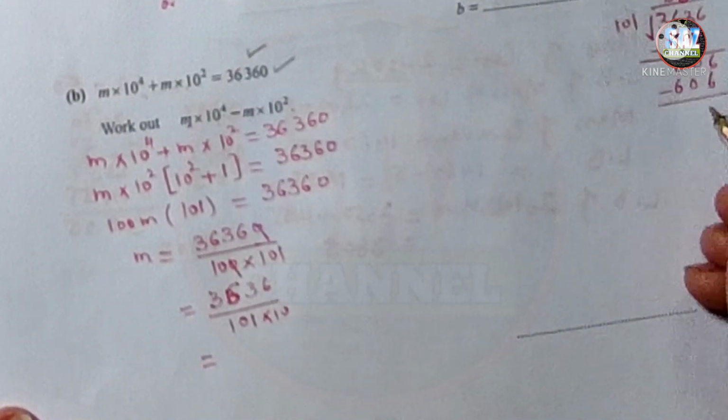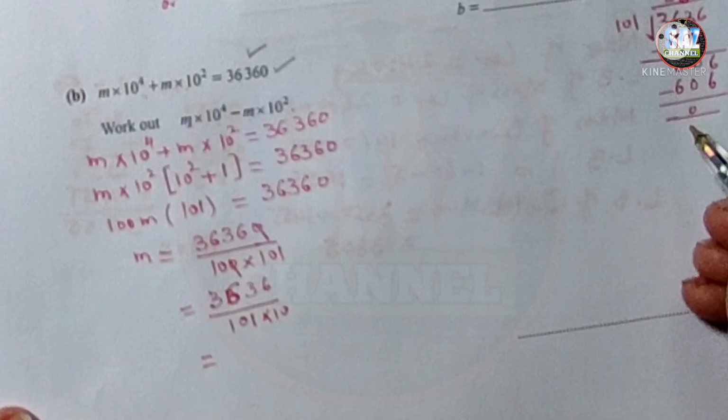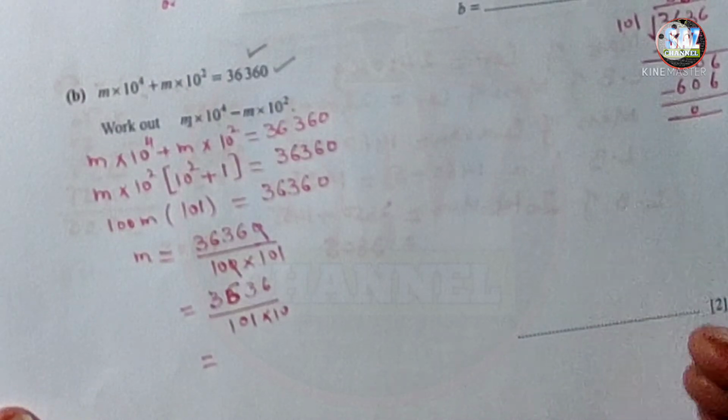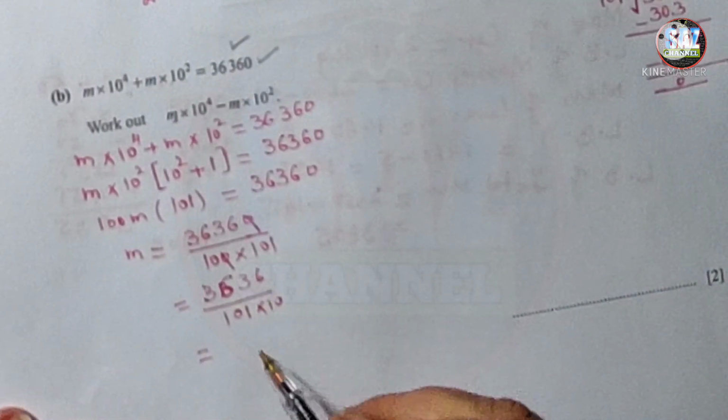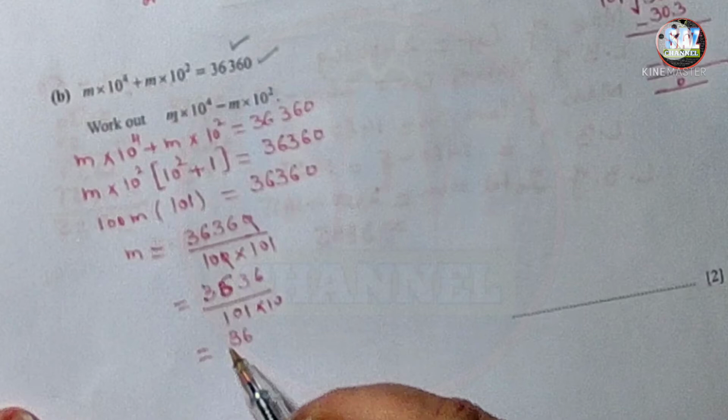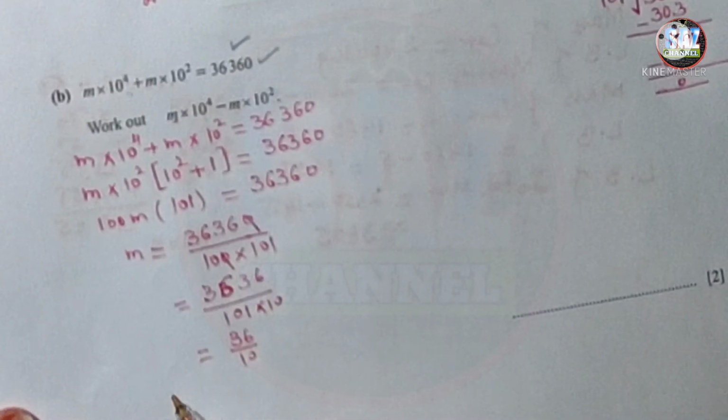Let me complete my working here properly. My students have to follow the same pattern. Then this will become 36 upon 10, or m has a value 3.6.